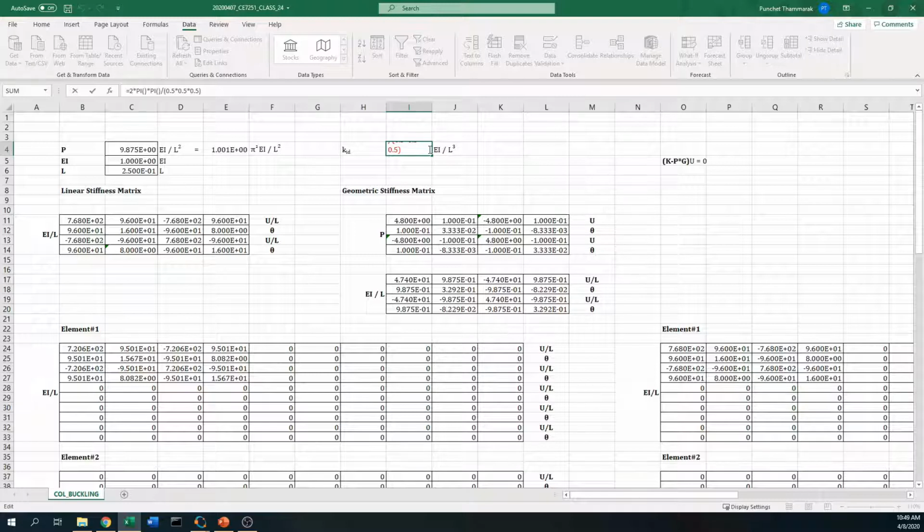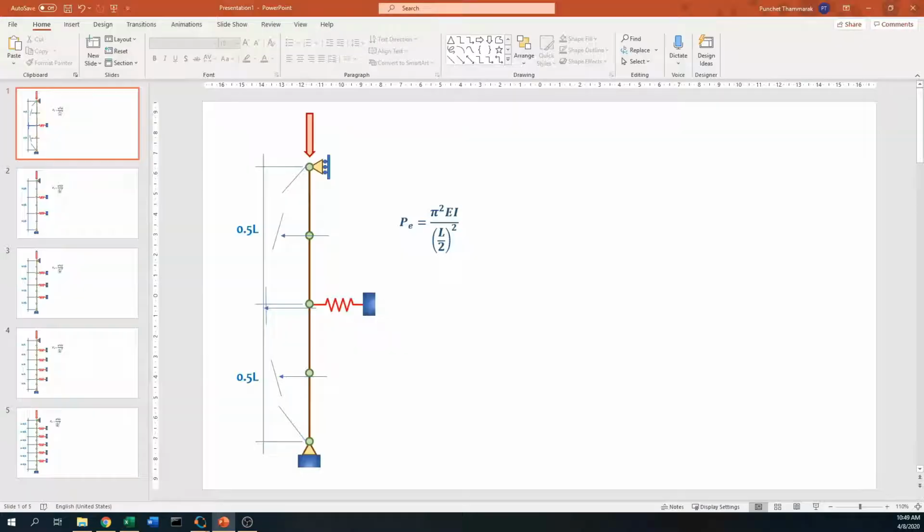And what is the L that we are talking about? The L we are talking about is 0.5 L, according to the definition we had for the K ideal. K ideal is computed from this unsupported length.